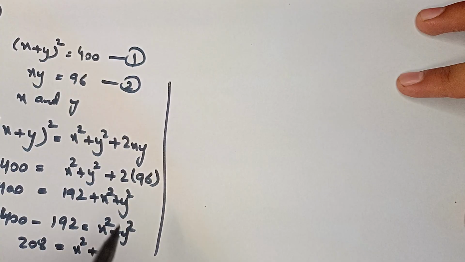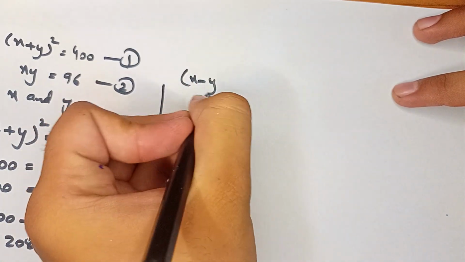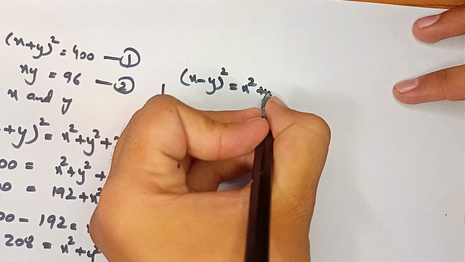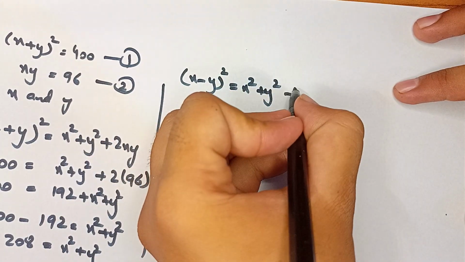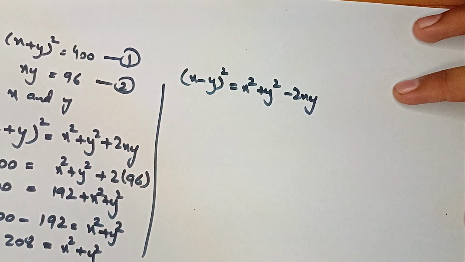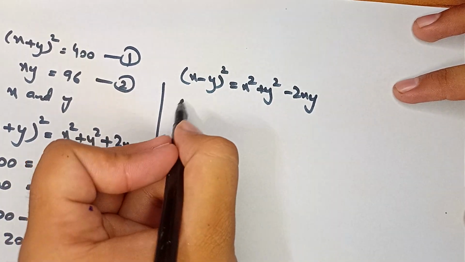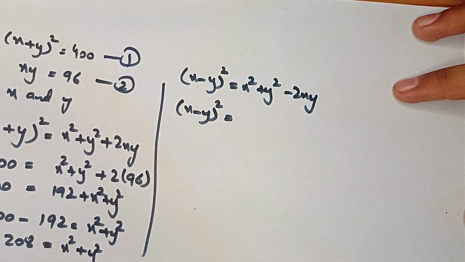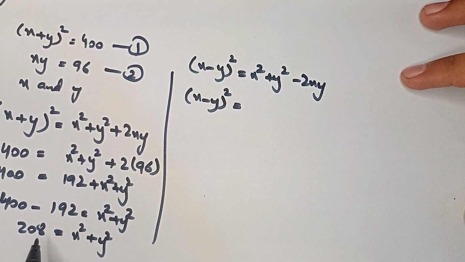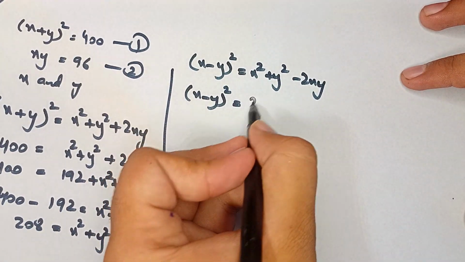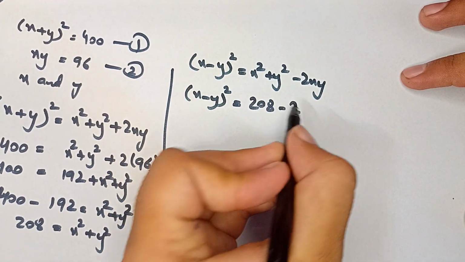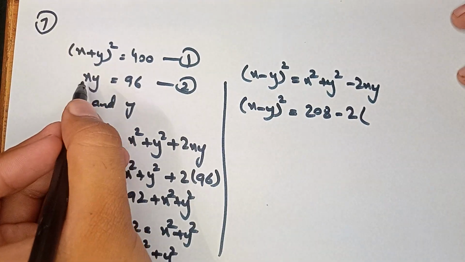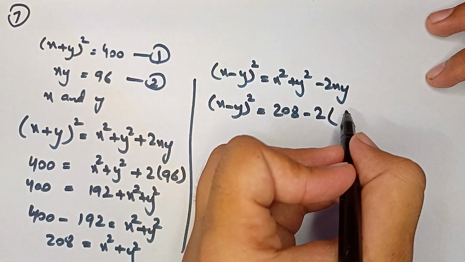We also know (x − y)² is equal to x² + y² − 2xy. In this question, (x − y)² remains as it is, and we put the value of x² + y², which is 208, minus 2 as a constant, and xy, which is 96.